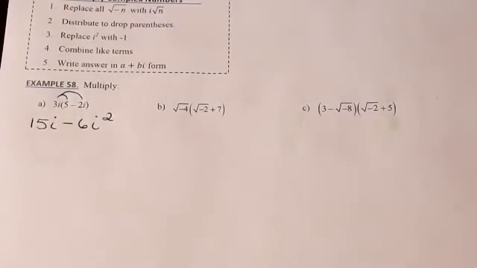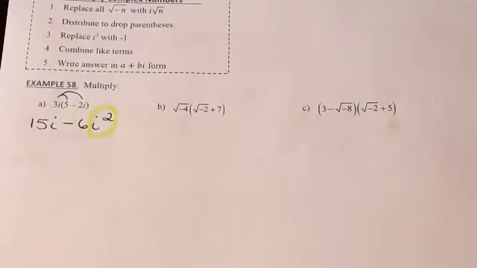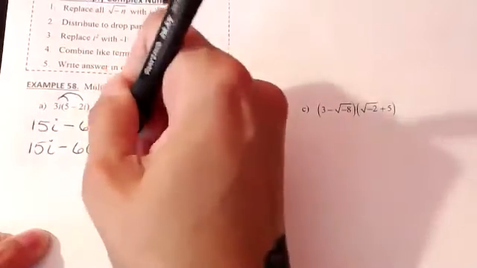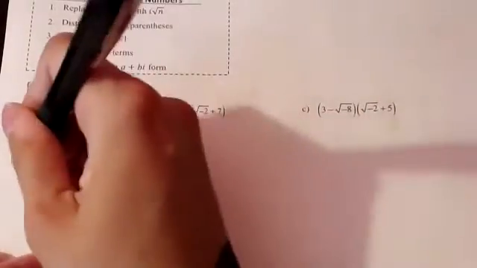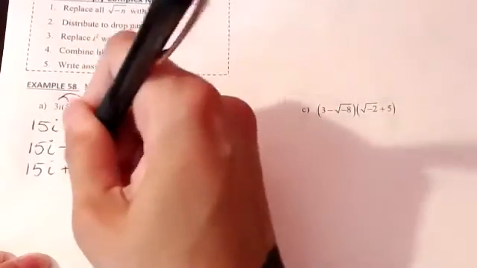Right away, I see that because I have an i squared here, I want to replace that with a negative 1. So I have 15i minus 6 times negative 1. And then we're like, oh, okay, I can do that. Negative 6 times negative 1 is a positive 6.